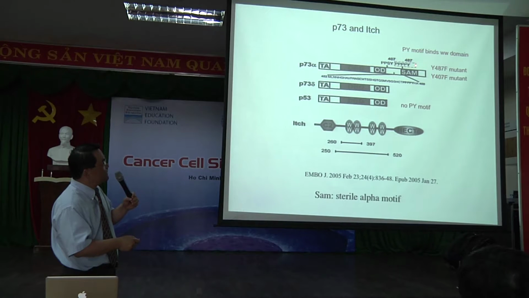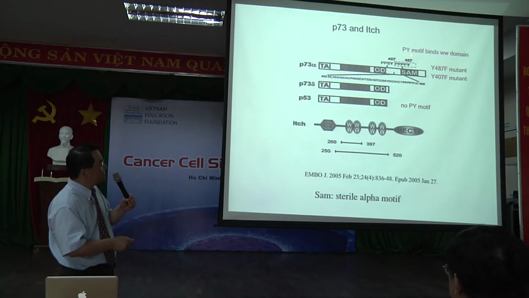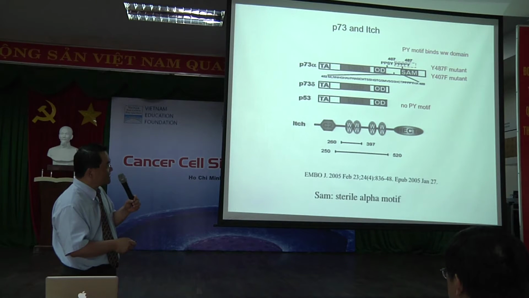This PY motif will be recognized by a WW domain containing protein. And the scientists have found a protein called Itch. It will be able to recognize P73 alpha and trigger P73 alpha degradation.